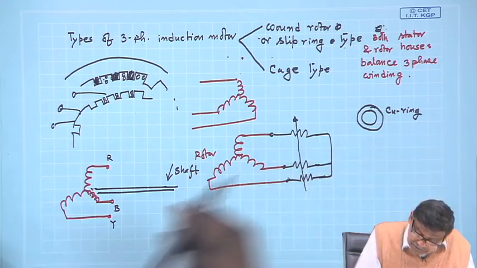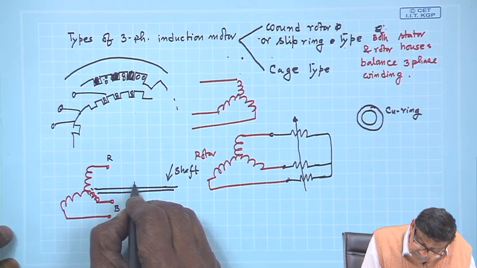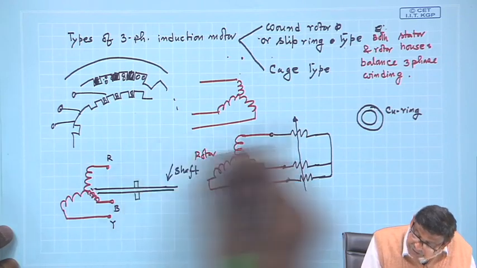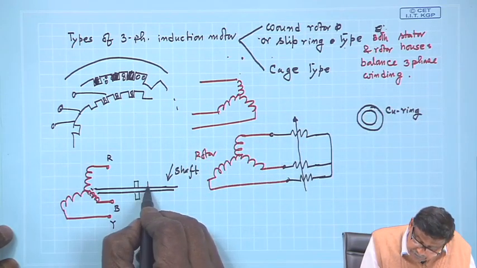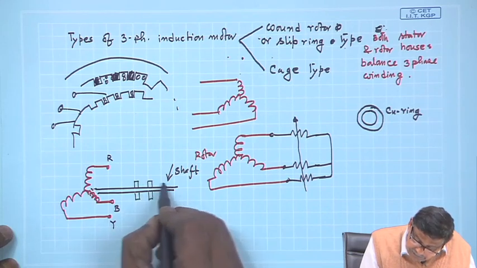So, this is one copper ring like this, I will push it here, the second one you push it there, and the third one you push it there.